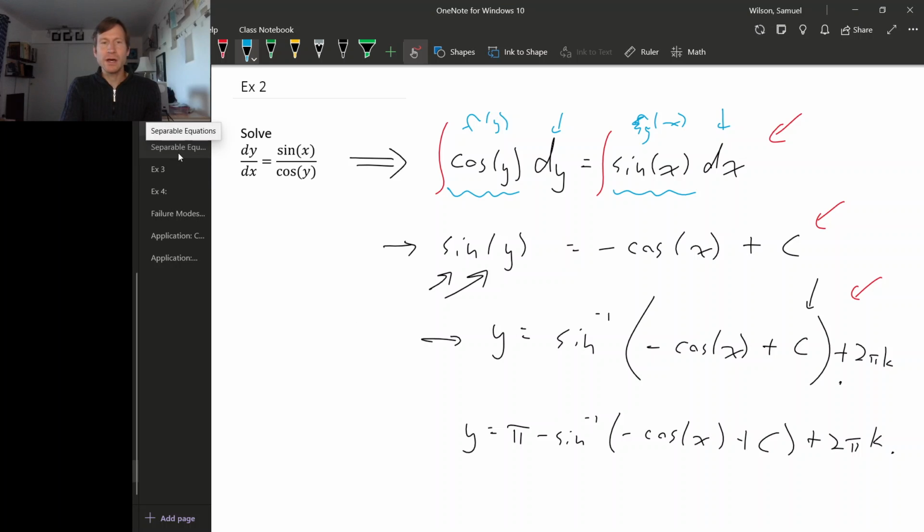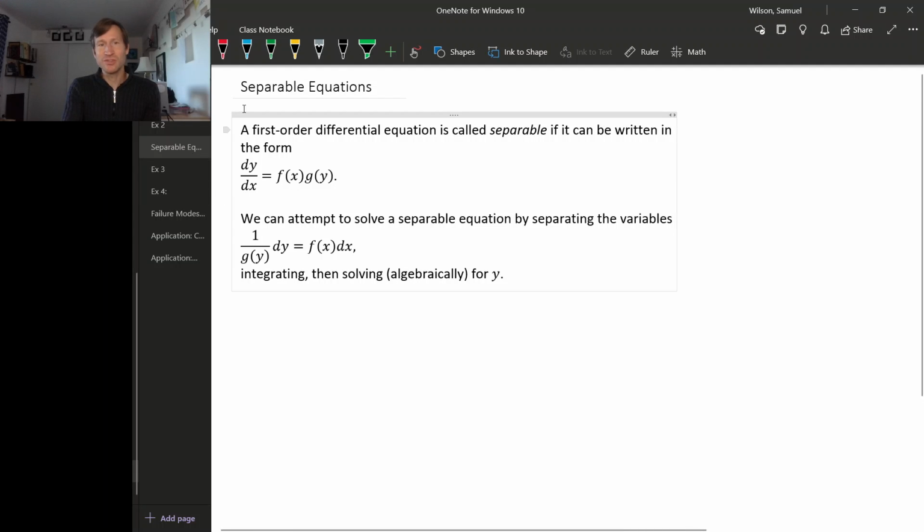So in general, if we have this kind of equation, so if dy/dx is equal to some function of x times some function of y, this sort of equation is called a separable equation, and we can solve this sort of equation by using this algebraic trick.